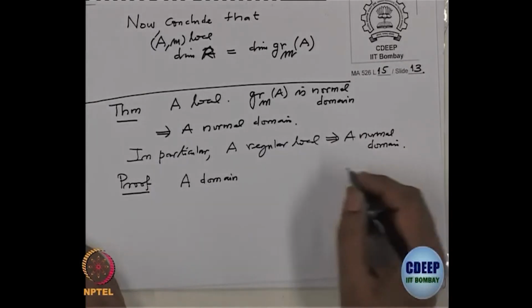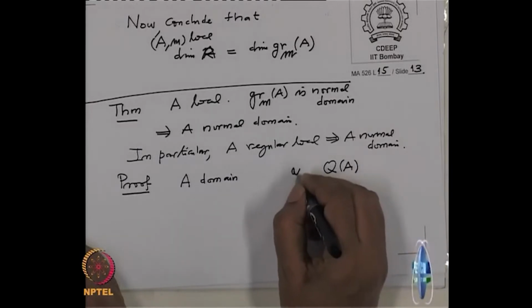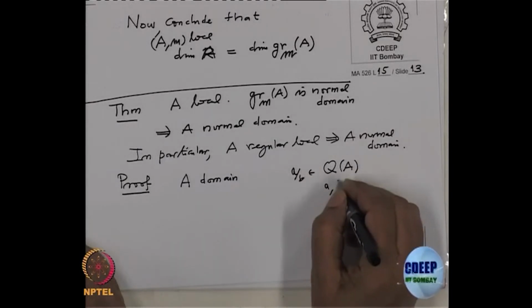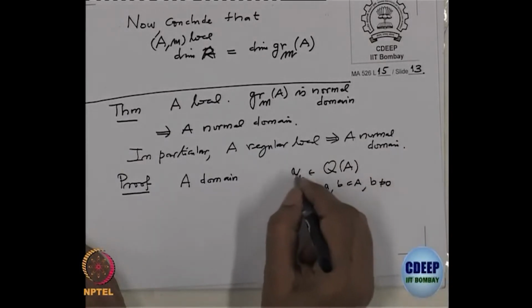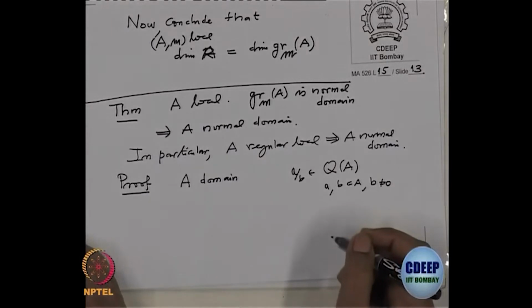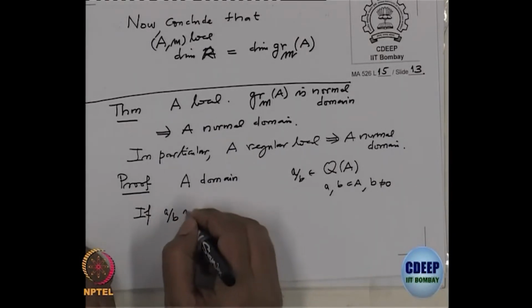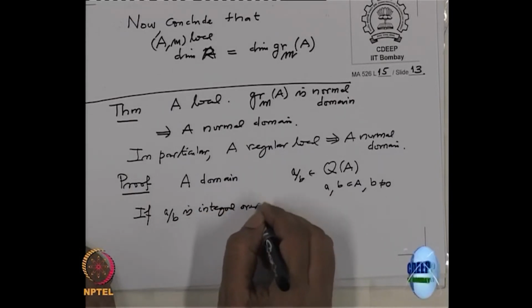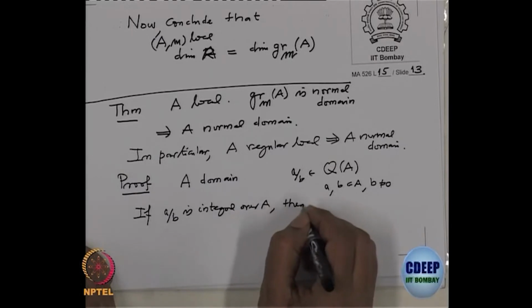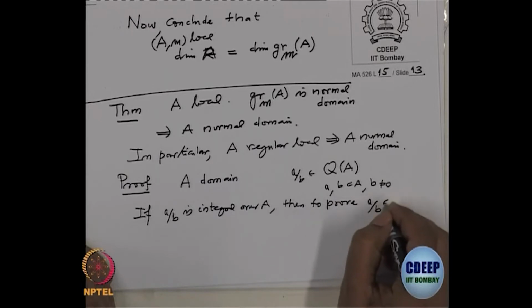So, what do we want to prove now? Here you have a quotient field Q(A), and here you have an element a by b, where a and b are elements in A, b non-zero, and suppose this is integral over A, then I want to prove it is in A. So, if a by b is integral over A, then I want to prove a by b belongs to A. What does that mean?